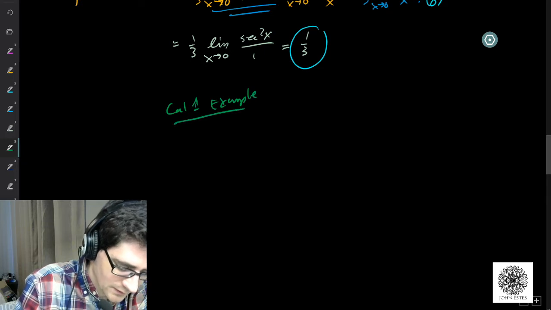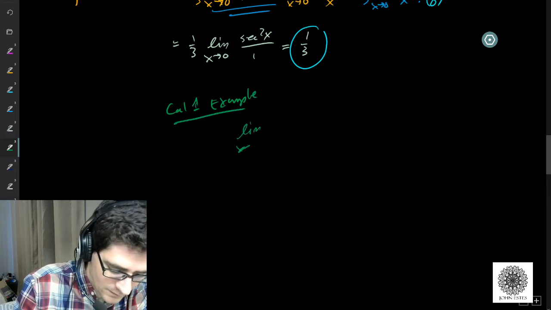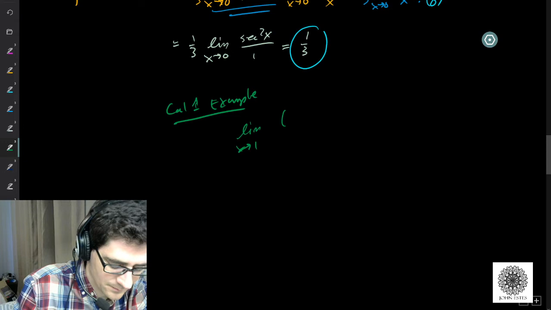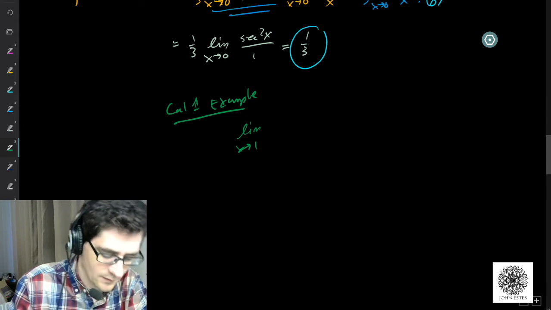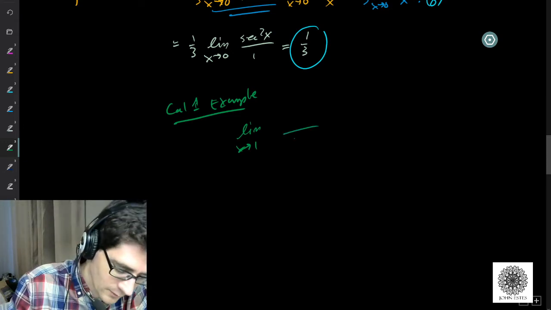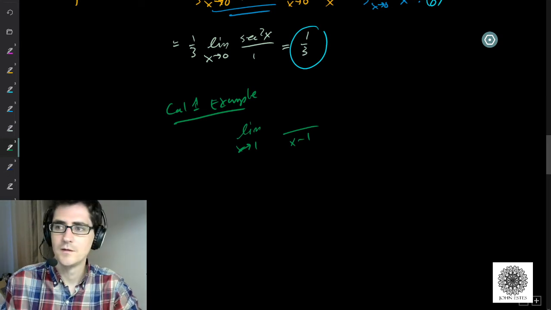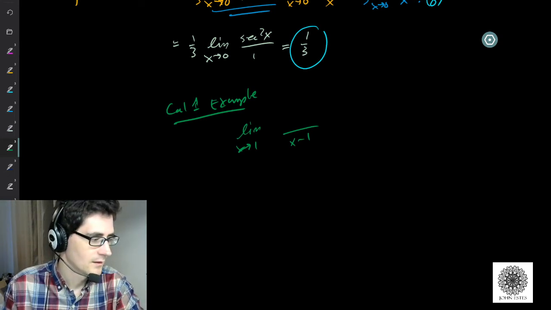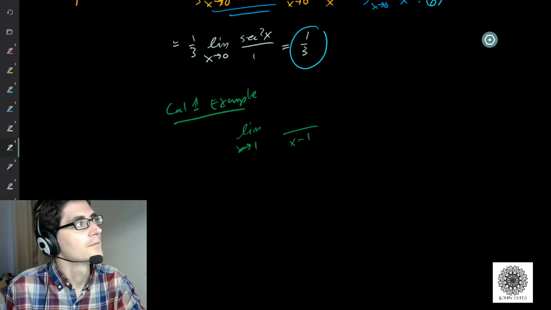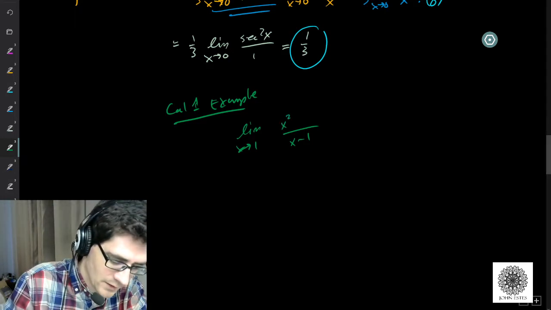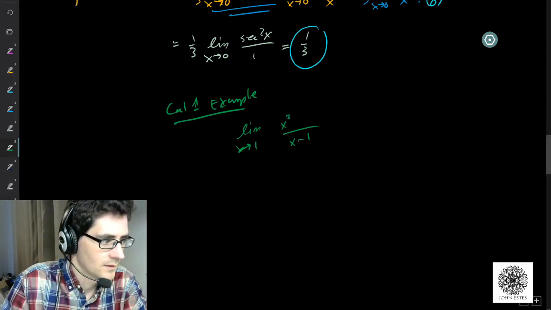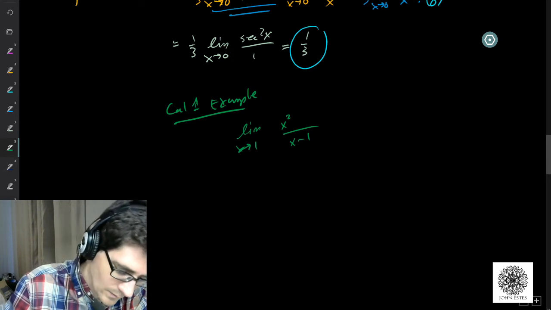We might say something like this. The limit as x approaches 1 of, let me think real quick. We'll put x minus 1 in the denominator, so that gives me a 0. In the numerator, let's do x squared plus x minus 2.